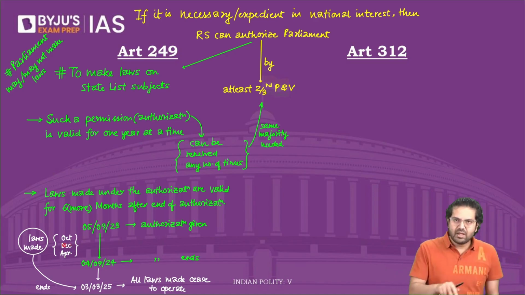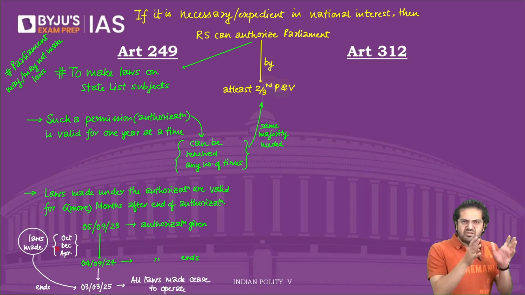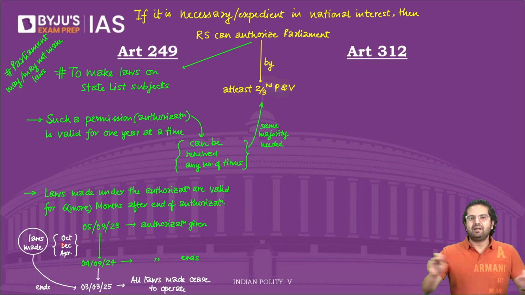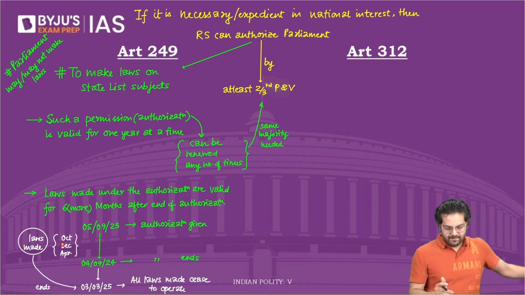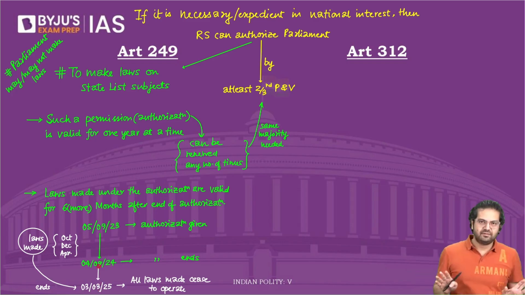Whenever they were made during the permission period, they all are dead. They are thrown away on this date. And what is this? 6 months after permission ends. Are we clear?